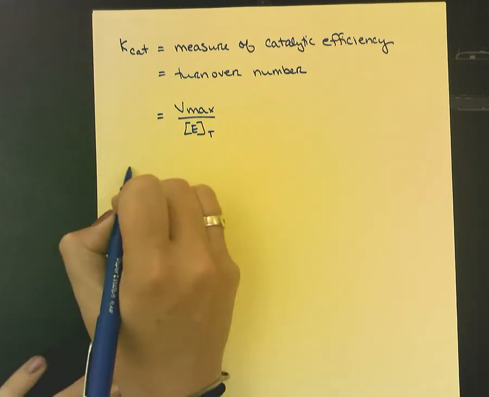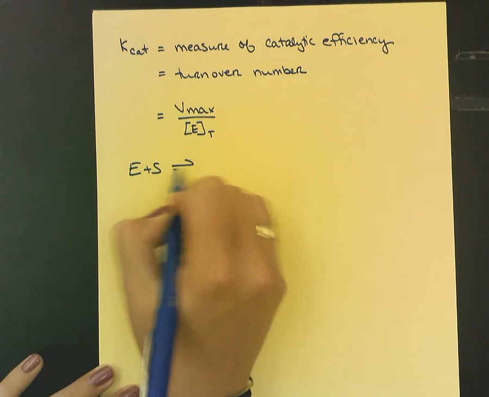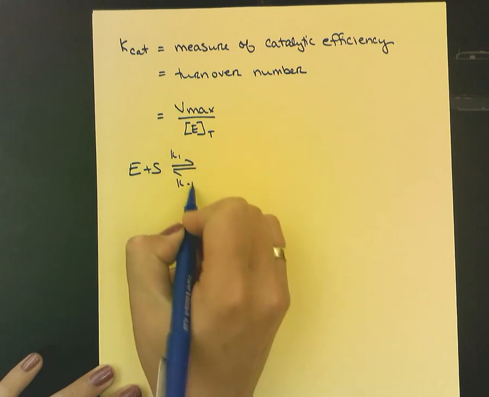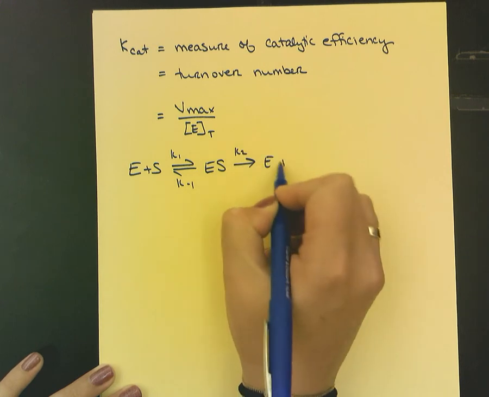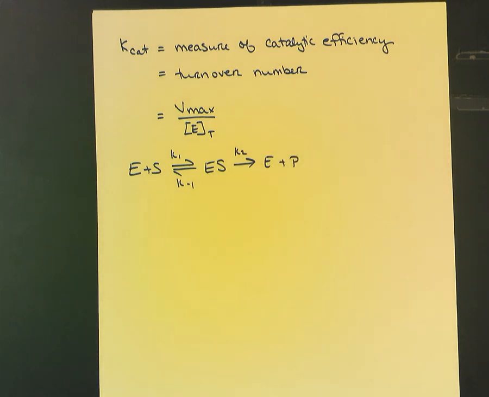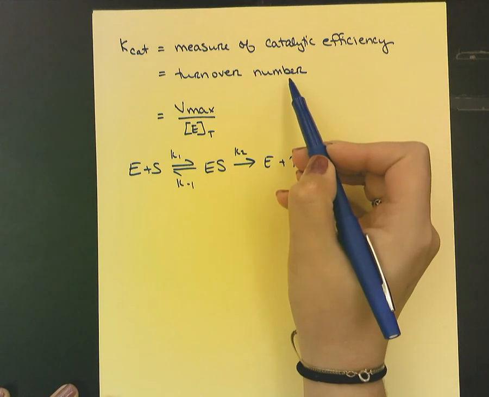Looking at our same equation we've used a bunch of times before, which one of those mini Ks tells you about the enzyme substrate making product? K2. K2 is a measure of the turnover number.